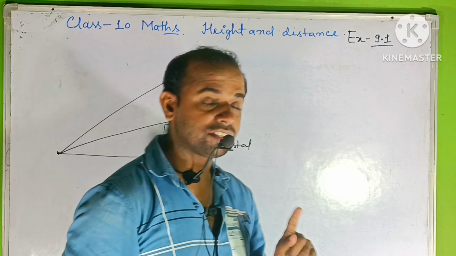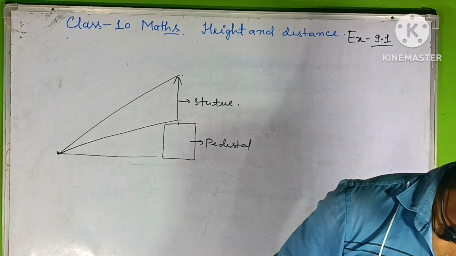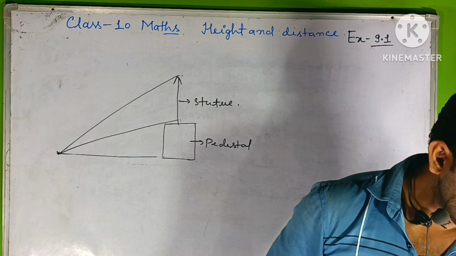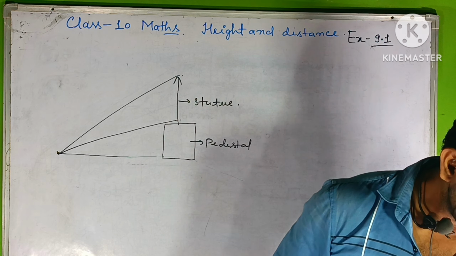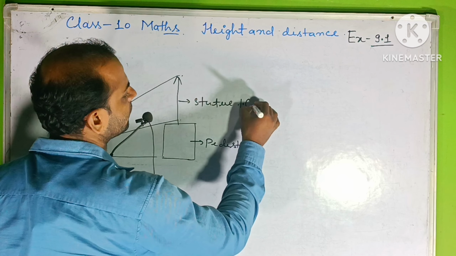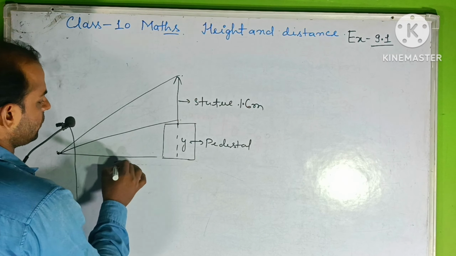Two angles of elevation are given, the first one is 60 degrees and the second one is 45 degrees, and the height of the statue is 1.6 meters. We will take the height of this portion as y and this portion as z.